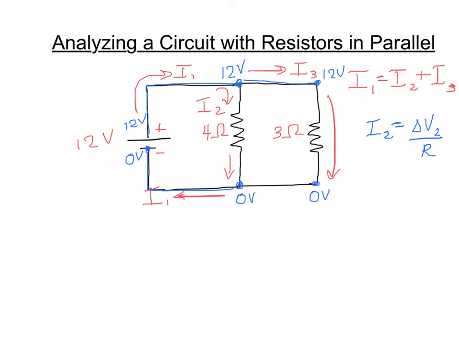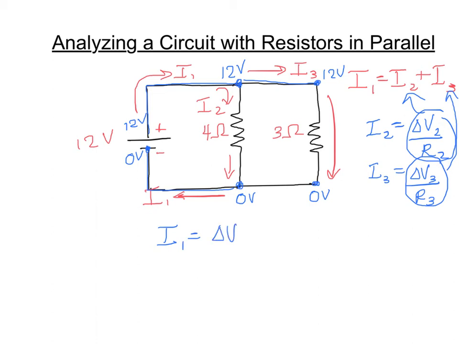by resistor 2's value. So I've just rearranged Ohm's law. I've divided both sides by R, moved the R over to the other side, and likewise I3 is going to be equal to the voltage drop across resistor 3 divided by R3. So substituting those into the formula up above for I2 and I3, I get I1 is equal to the change in voltage across 2 divided by R2 plus the change in voltage across 3 divided by R3.